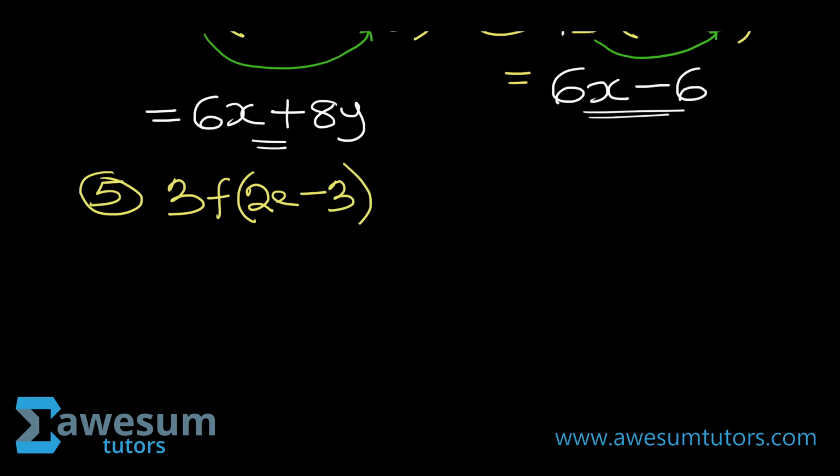Okay, so now how do we do this? So we are going to be having 3f to multiply 2e, okay, and 3f is going to multiply negative 3 right here. We're going to multiply negative 3, okay.